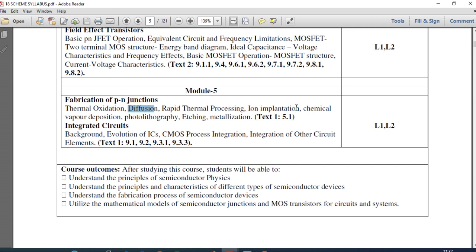Now the next topic is chemical vapor deposition. Here we are going to discuss another alternative to thermal oxidation and rapid thermal processing.